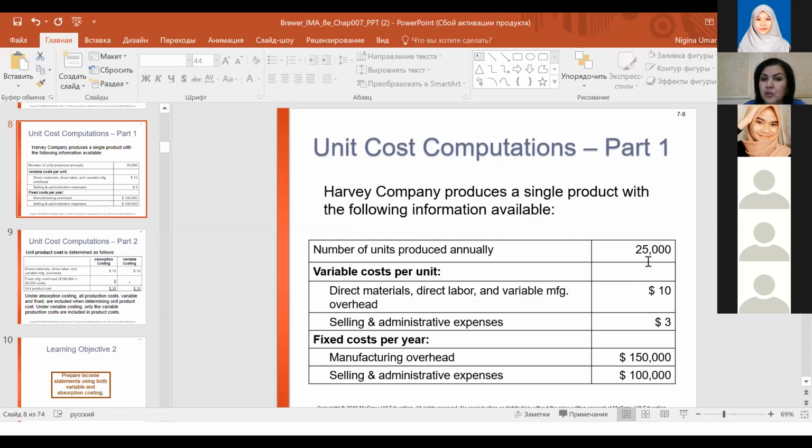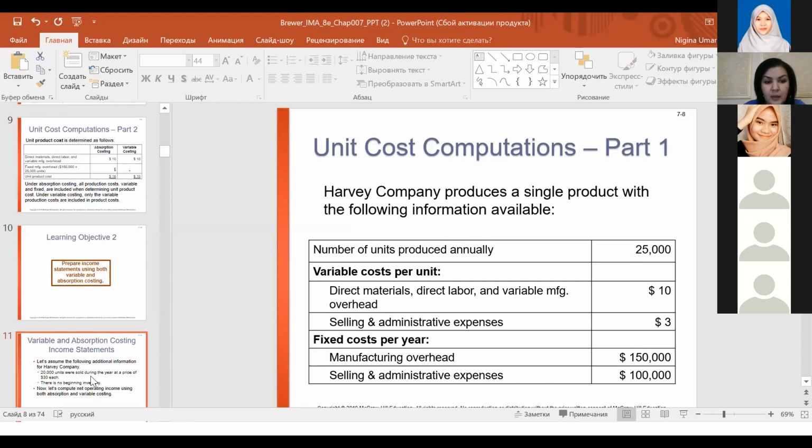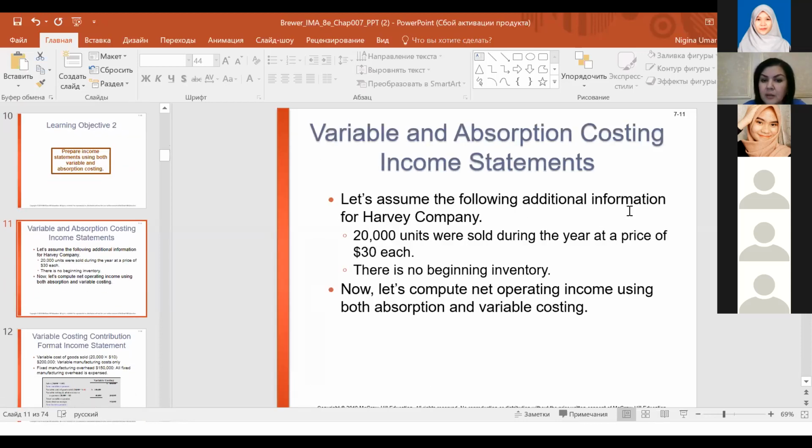The number of units produced is 25,000, but the company sells 20,000 units at a price of $30 each. There is no beginning inventory, so the company had no inventory left from the previous period.